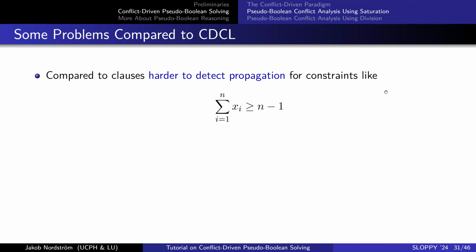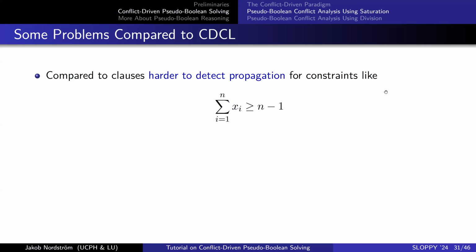Okay, so now we have a pseudo-Boolean solver, but we do have some problems that we talked about. It's harder to detect propagation. Suppose you have the sum over x1 up to xn greater or equal to n minus 1.